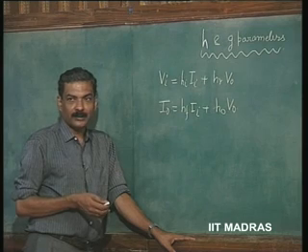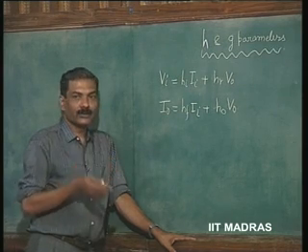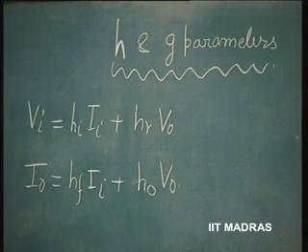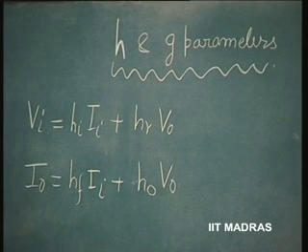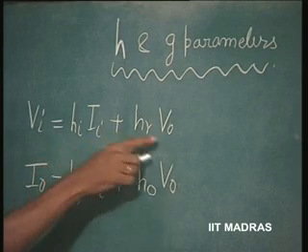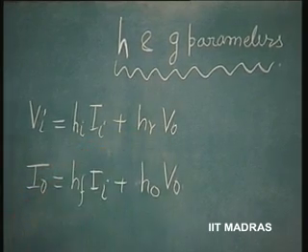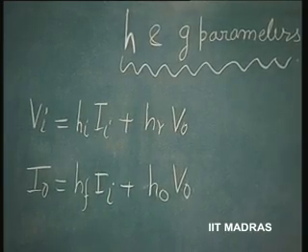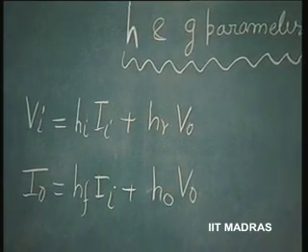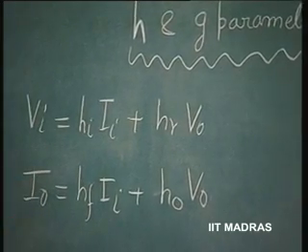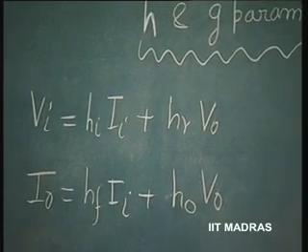H is hybrid, G also is the dual of H. So, consider first the independent variables I and V naught now. I and V naught are considered as independent variables and Vi and I naught are then the dependent variables.